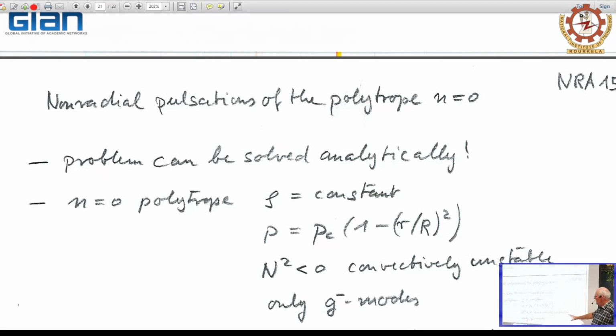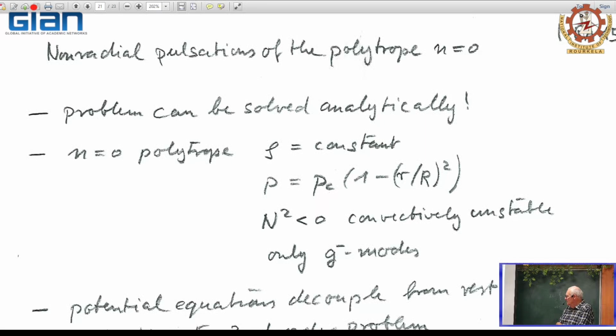We also saw that for this configuration, the Brunt-Väisälä frequency is negative, so we have a convectively unstable configuration, and we expect only g minus modes.